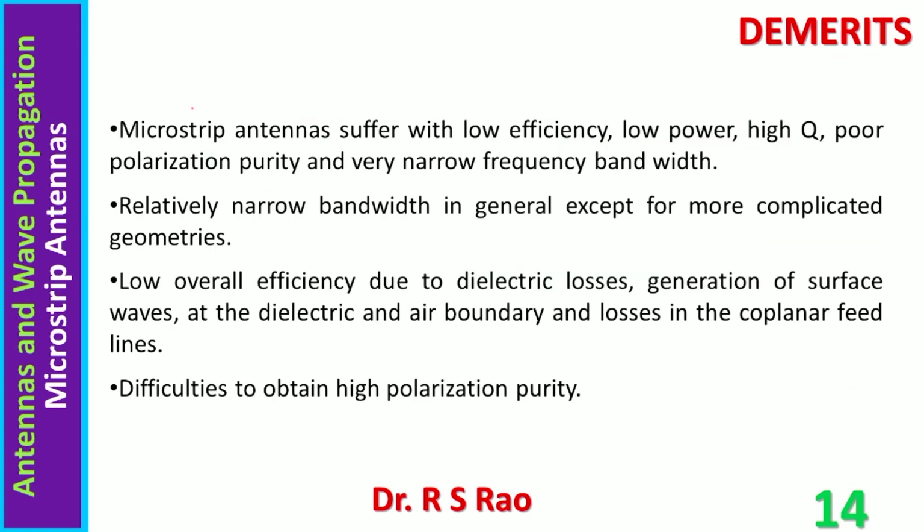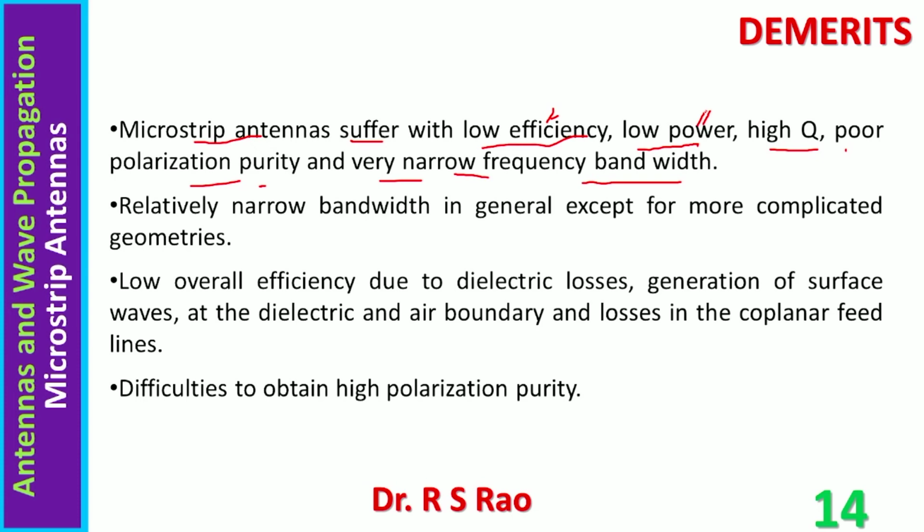These are associated with demerits too. What are they? Microstrip antennas suffer from low efficiency, low power, high Q, poor polarization purity, and very narrow frequency bandwidth. Low efficiency, low power.